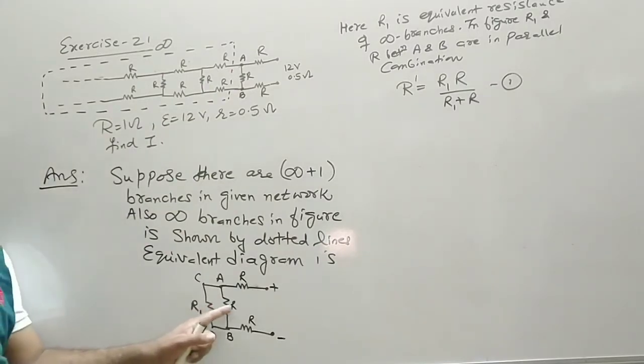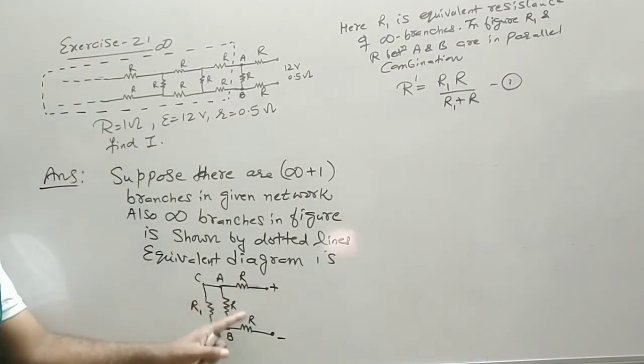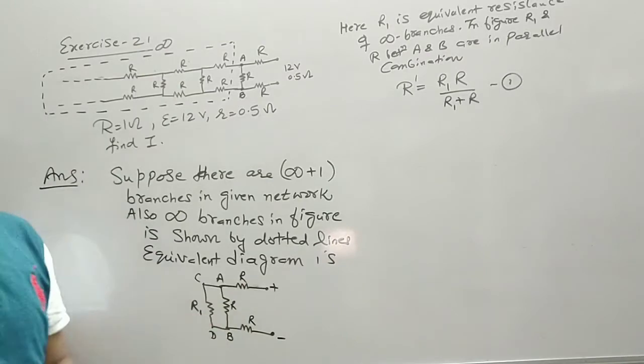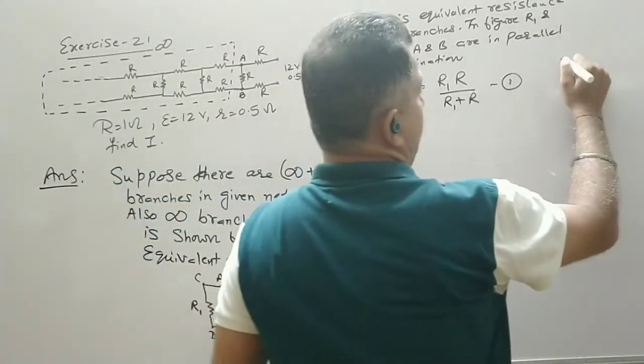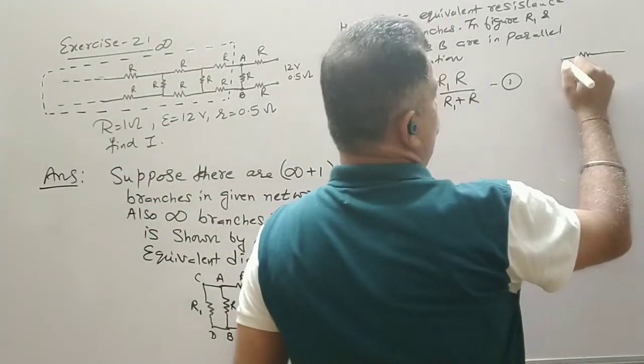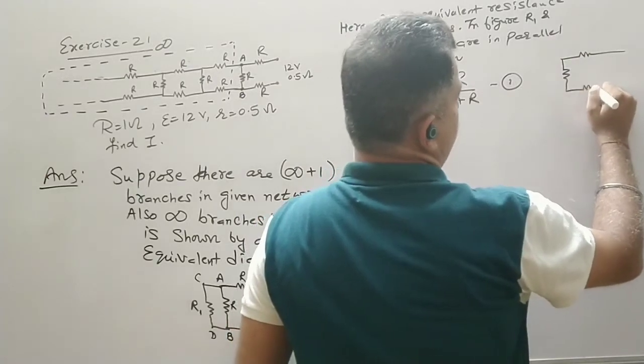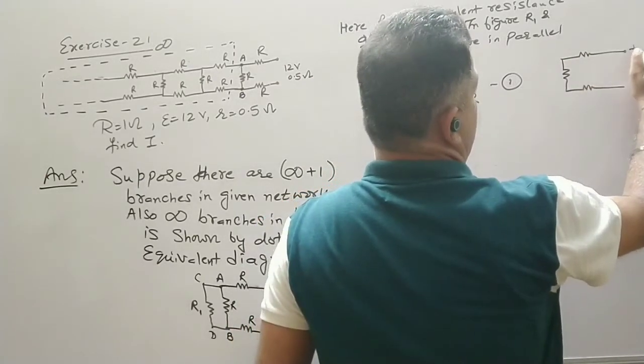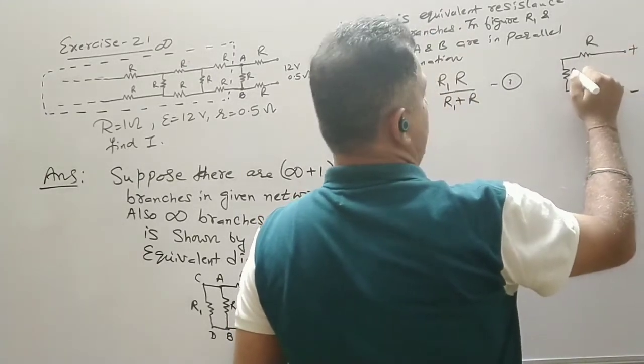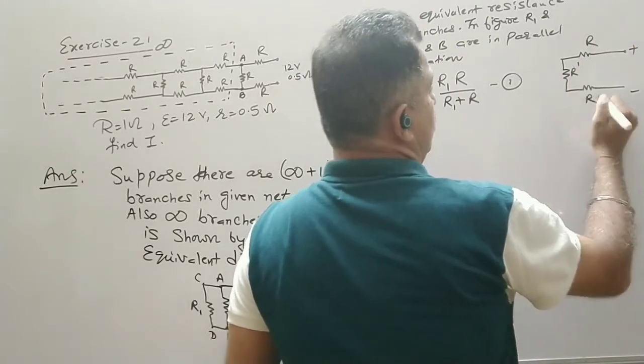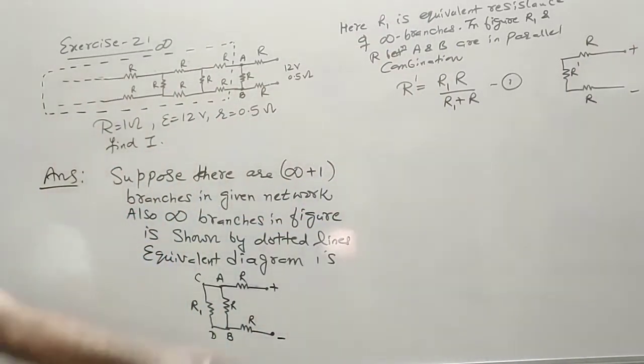Now this parallel combination is in series combination with this R and R. So if I redraw this diagram, the diagram reduces to, so this is plus minus, R. Now this is referred to as R dash. This is R. So now this is a series combination.